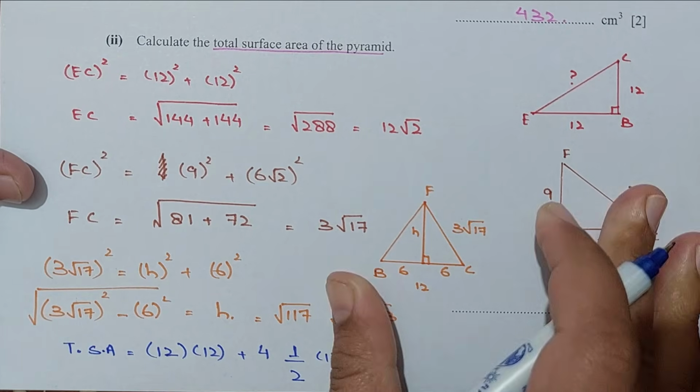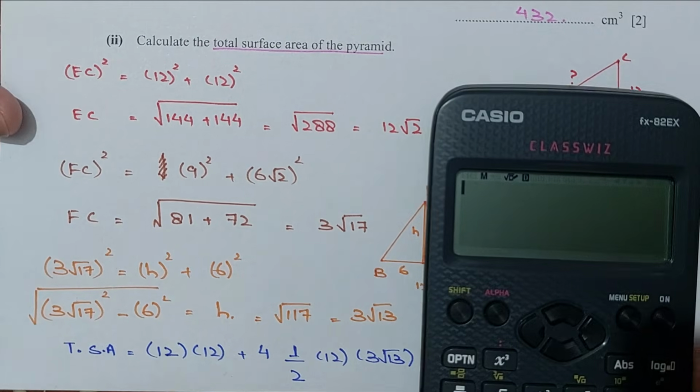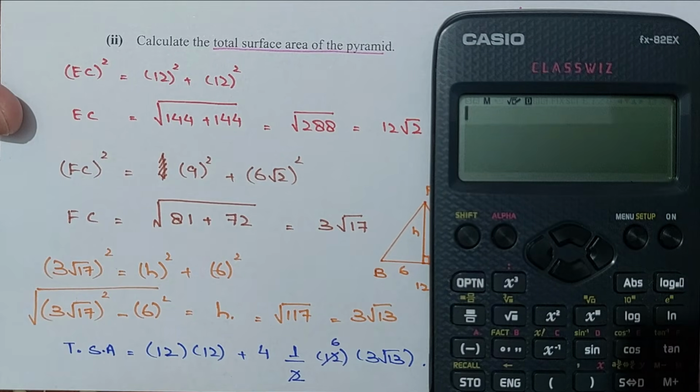And what is the height of each triangle? The height of each triangle, which we have done, is 3 root 13. All right, let me simplify. 2 times 6 is 12. 3 root 13 times 6 times 4, and add 144.